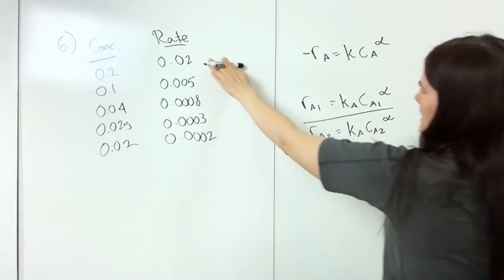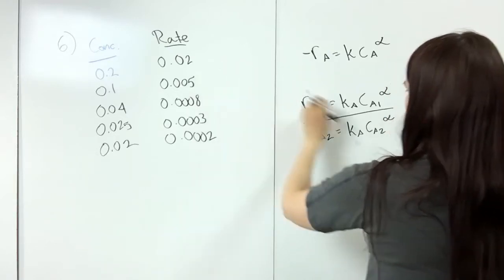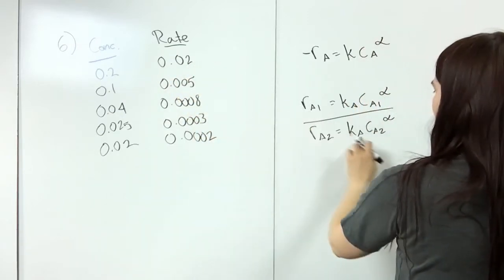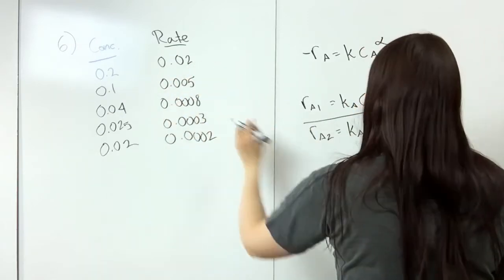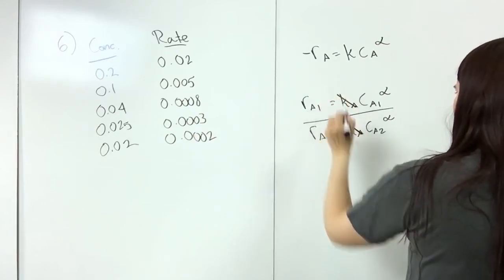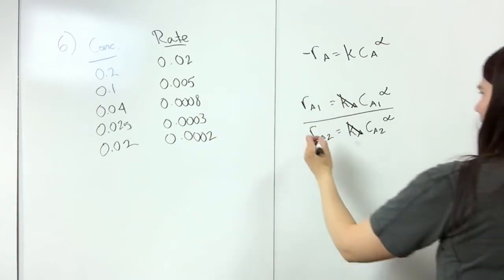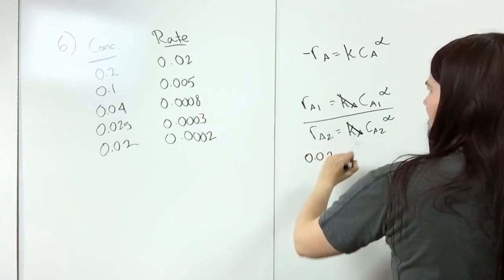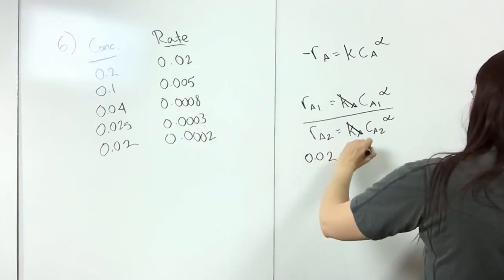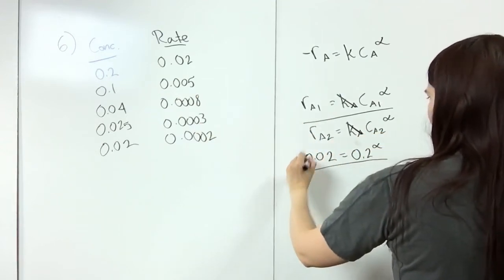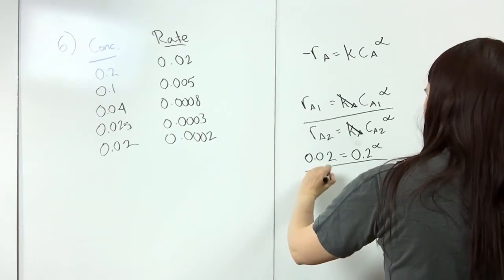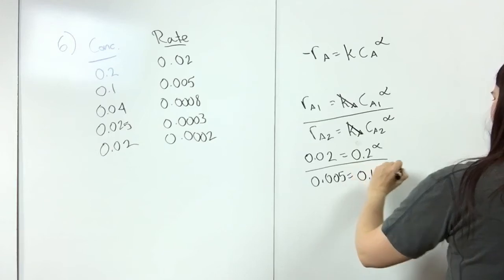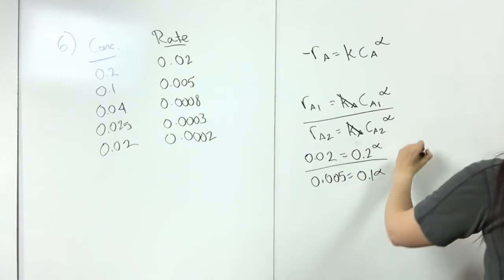And so then we know what the concentration is for the first rate, and we know what the concentration is for the second rate, the k's cancel. And so if we just plug in some numbers, so for instance rate 1 is 0.02, and the concentration is 0.2 to the alpha, over the second rate, 0.005 is equal to 0.1 to the alpha, then we can solve this for alpha and we get 2.